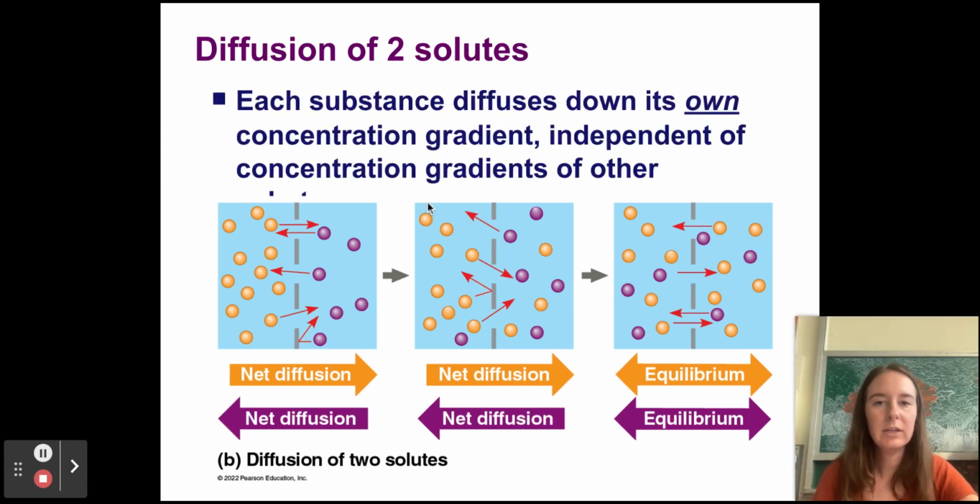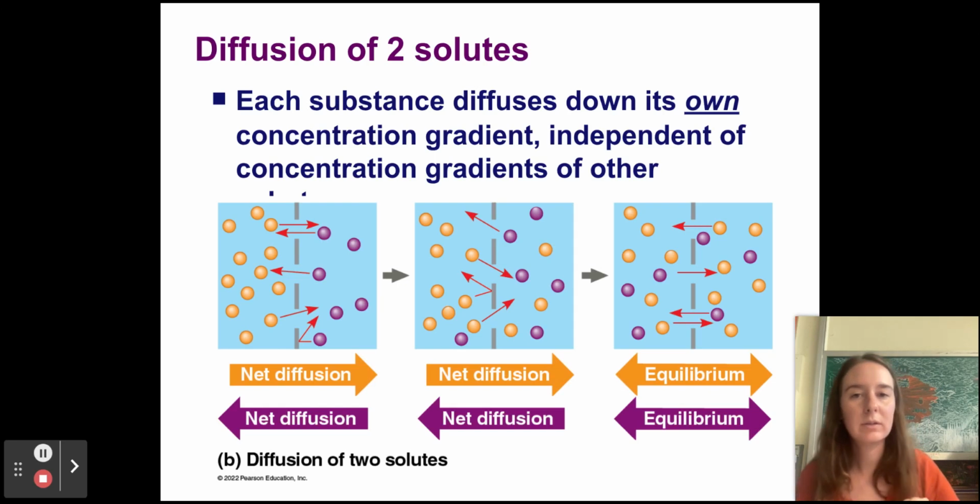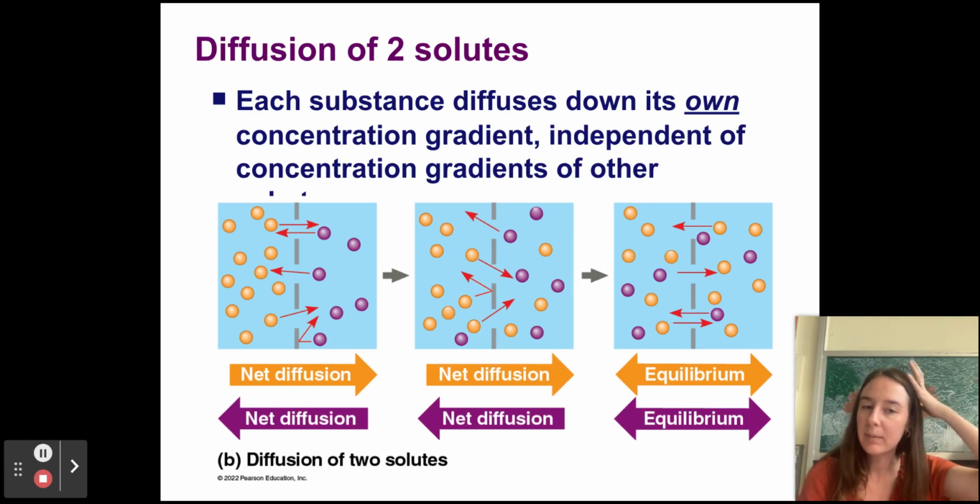So just like we said, each substance diffuses on its own concentration gradient, independent of the concentration gradients of other solutes. So a concentration gradient, that idea is also important. Think of a gradient like, have you ever seen people whose hair is ombre, where they have light to dark?